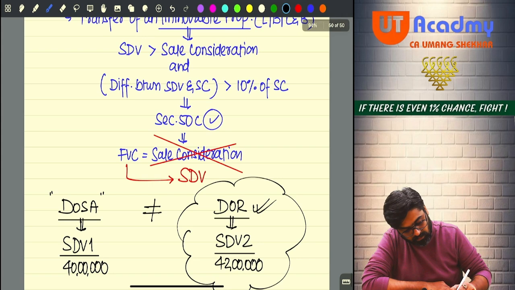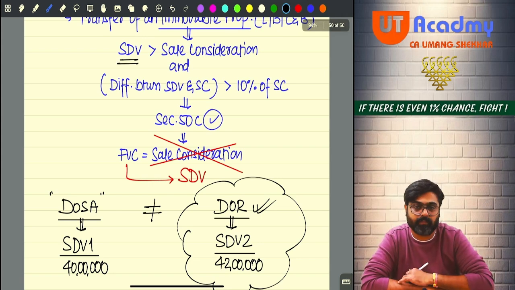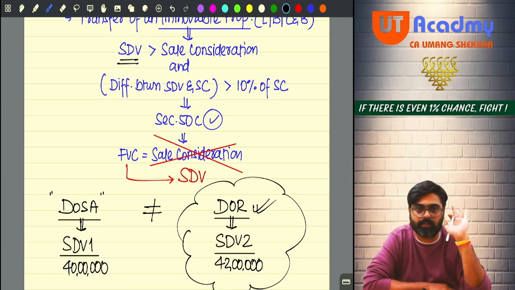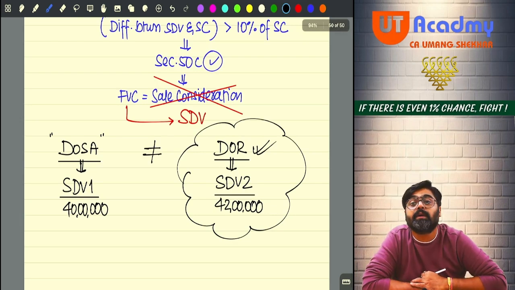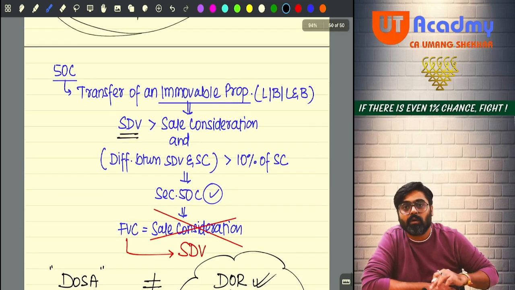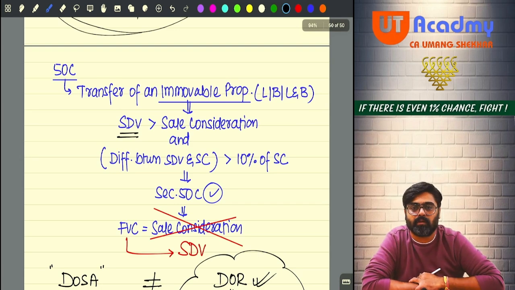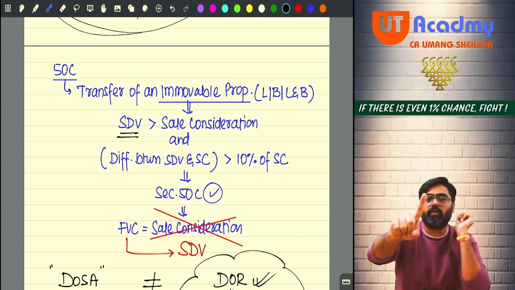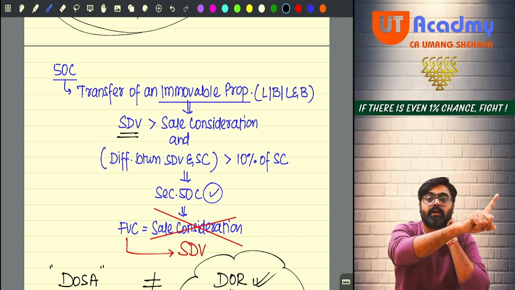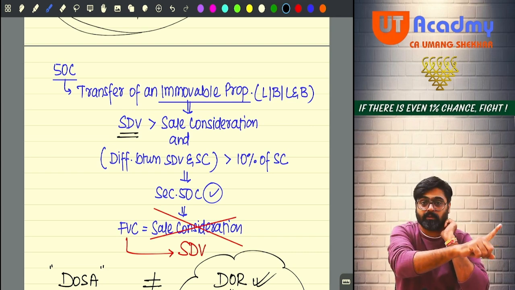So normally the stamp duty value as on the date of registration is to be considered for section 50C. Normally this stamp duty value is to be considered, yes or no? But there is one exception. In one exceptional case, you can take the stamp duty value as on the date of sale agreement also for the purpose of section 50C. If nothing is mentioned, the stamp duty value will be as on the date of registration, as on the date of transfer.